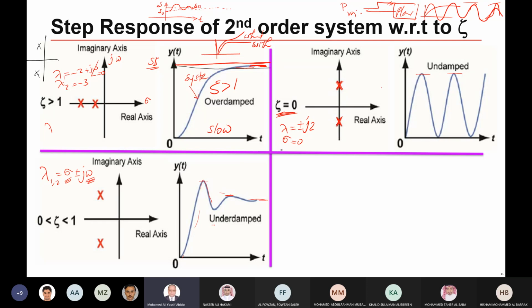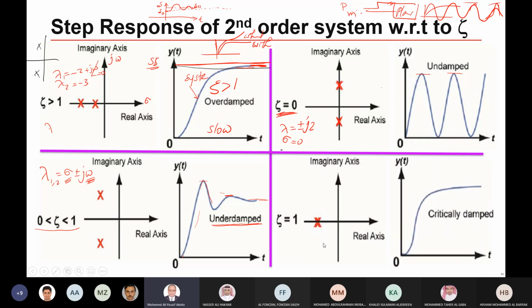But this is called the underdamped case, where we have zeta between 0 and 1. So this would be if we have the eigenvalues here. If we have two eigenvalues that coincide with each other, then we have zeta equal to 1, and the system will be critically damped. As you can see here, critically damped is faster.